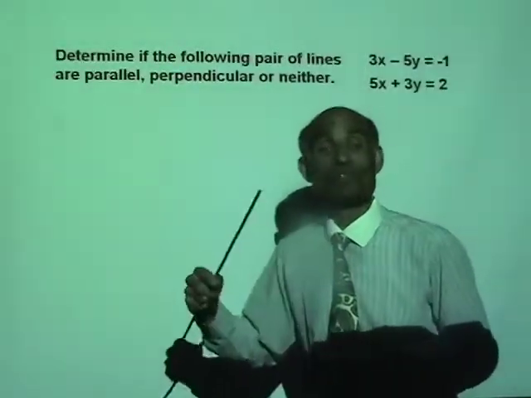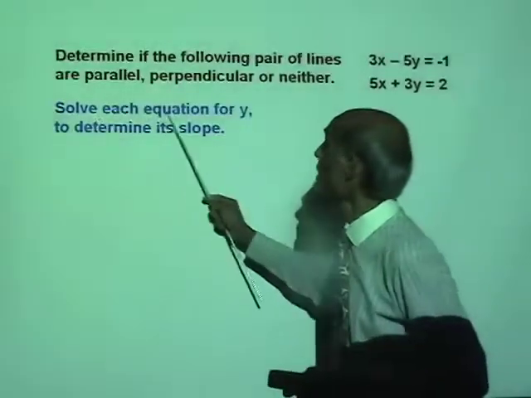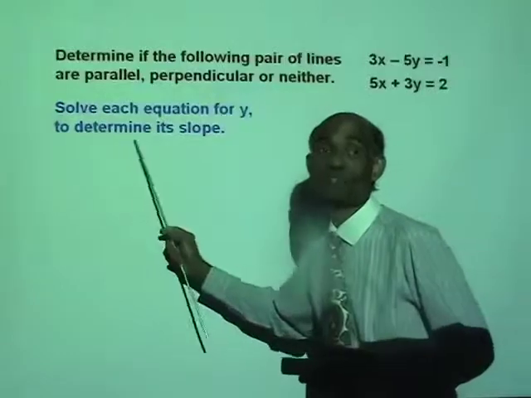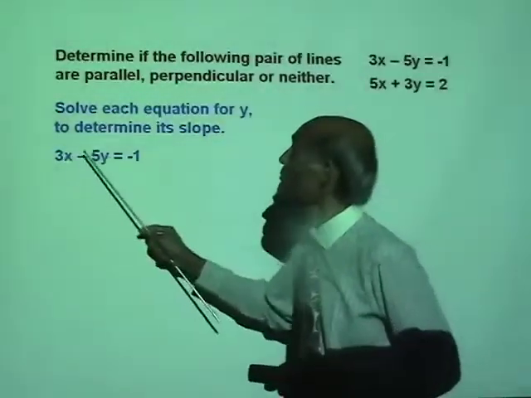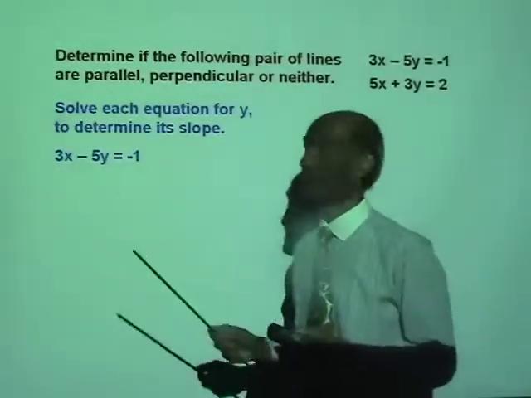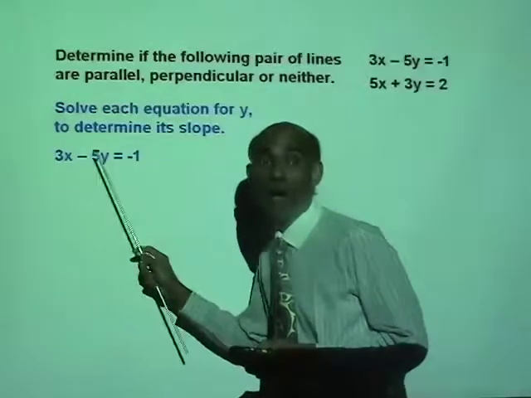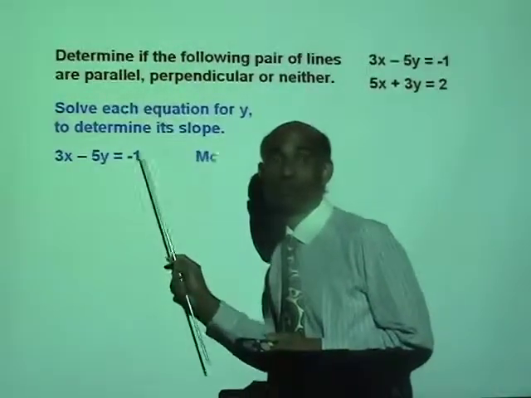First of all, we solve for y. Alright, let's do that. Solve each equation for y to determine its slope. Alright, let's take 3x minus 5y equal to -1. To solve for y, first of all, move the 3x from the left to the right.